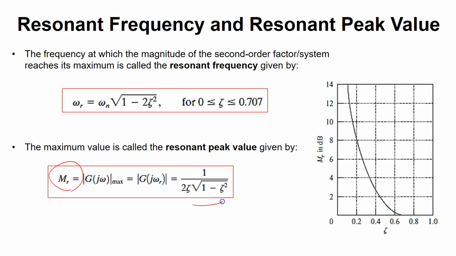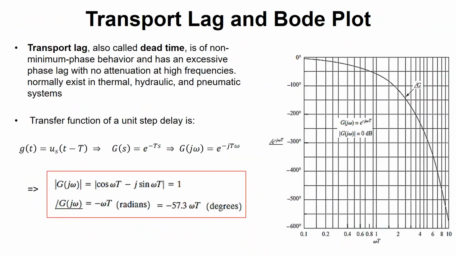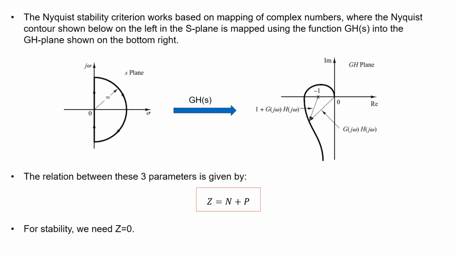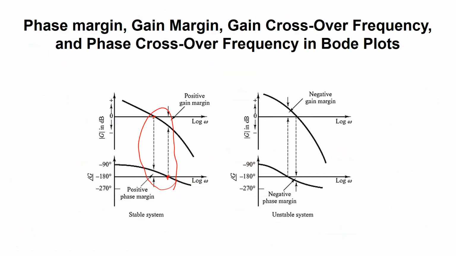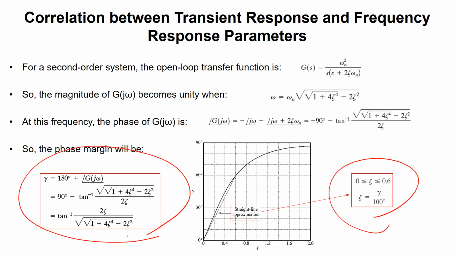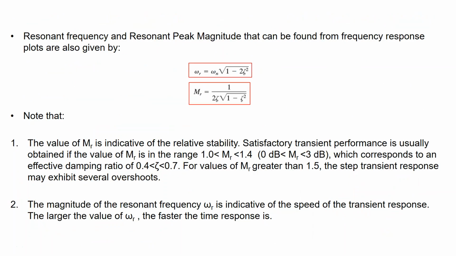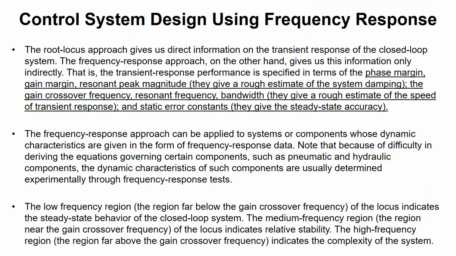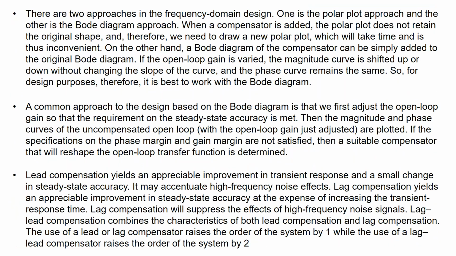So you can see MR is based on zeta and omega R is based on omega n and zeta, and also again this part that you can divide phase margin by 100 roughly, or solve the nonlinear equation and find zeta. So this is the only part that you talk about transient response. Good. So this is just a review of what we have learned so far in this chapter.